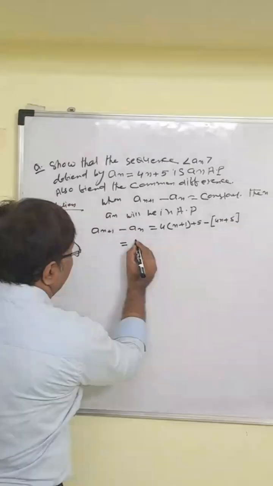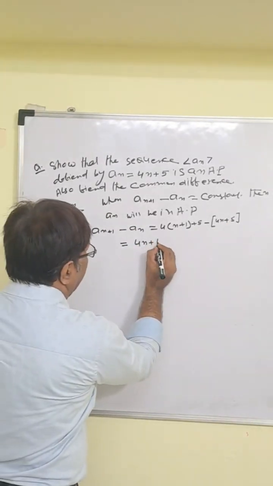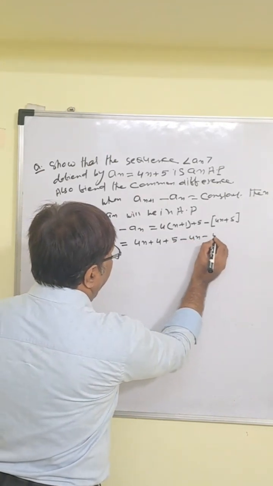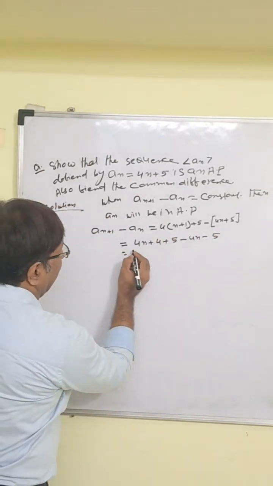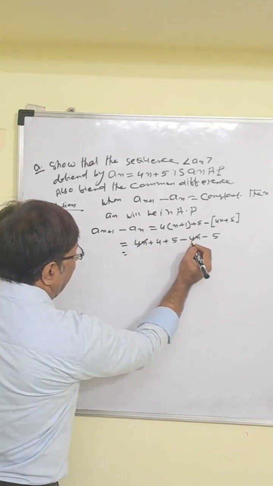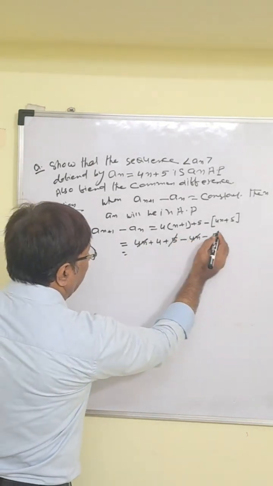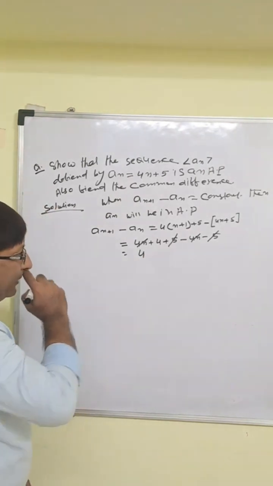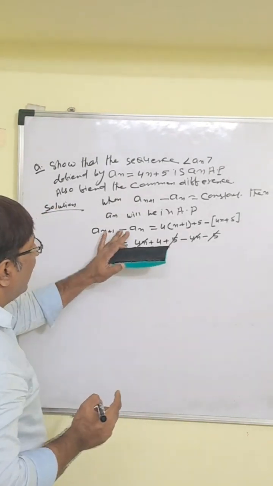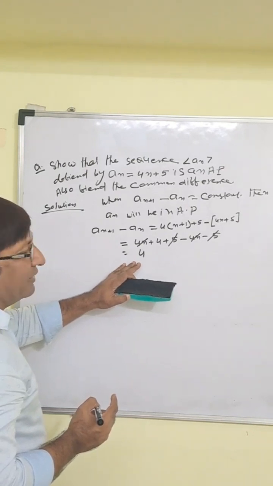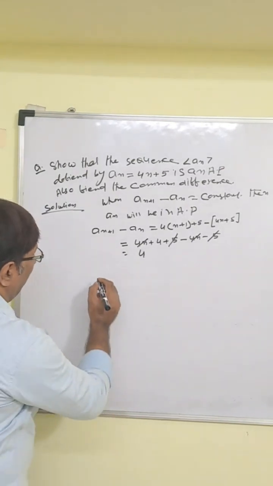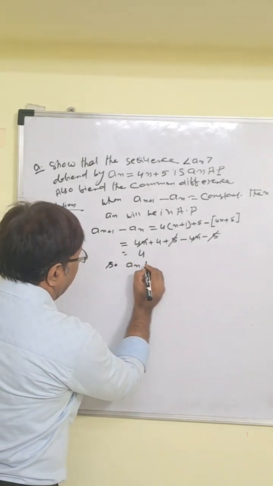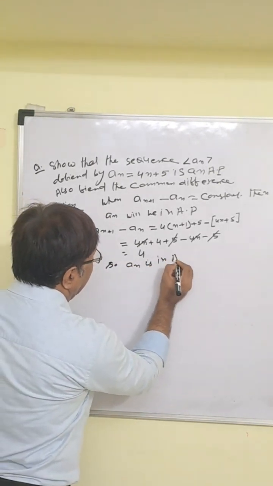Now we can write 4n plus 4 plus 5 minus 4n minus 5. Here this 4n and this minus 4n cancel out, this 5 cancels. So we get 4. 4 is what? Constant term. a_(n+1) minus a_n equal to 4, and this is a constant term. So a_n is in AP.